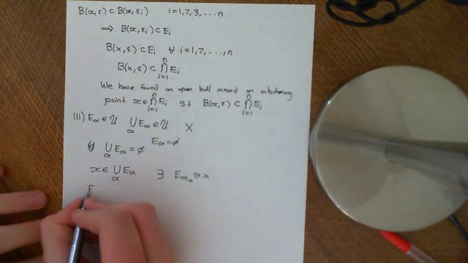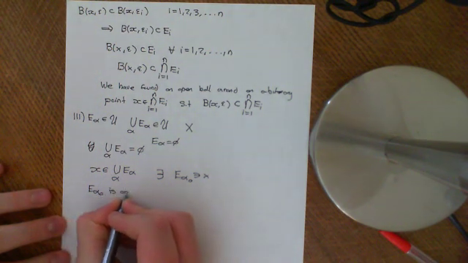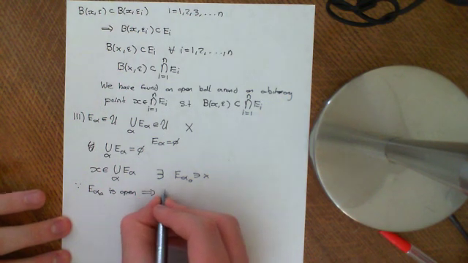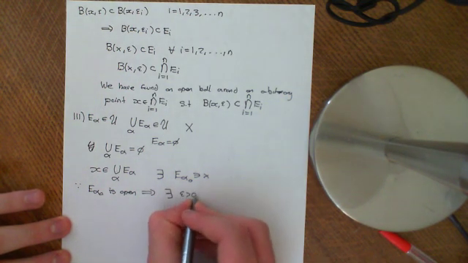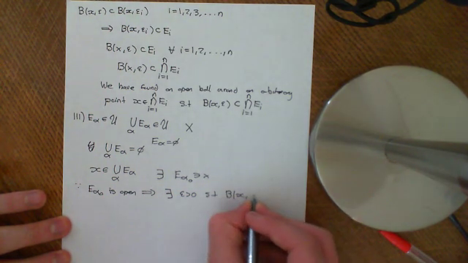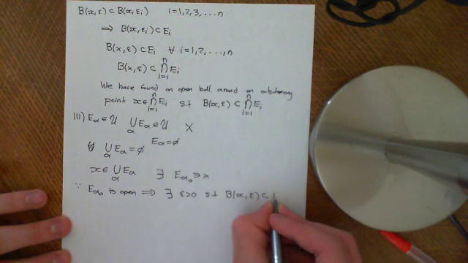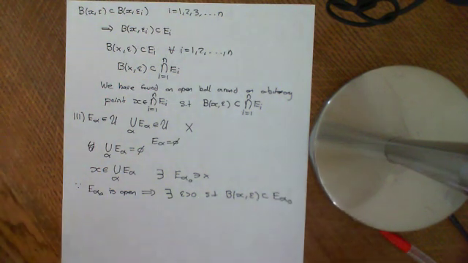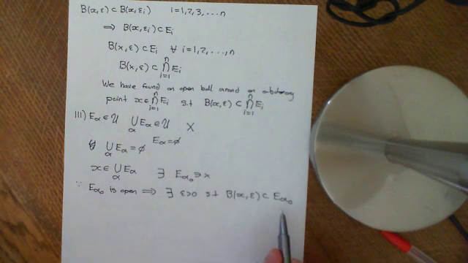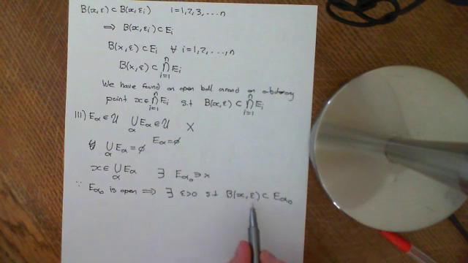Now, because E alpha 0 is open, it implies that there exists an epsilon greater than 0 such that the ball centre of x of radius epsilon is completely contained within E alpha 0. The reason being that E alpha 0 is open, therefore every point must be an interior point. x is an element of E alpha 0, so there must exist some epsilon neighbourhood around the point x which is completely contained within this set E alpha 0.